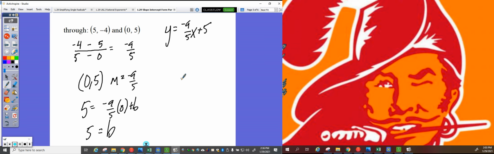I want you to know how to do both. So for the first 6, do slope intercept, and for the last 4, I don't care which one you do. You can find the slope first and then use point slope or slope intercept, I don't care. But for the first 6, use y equals mx plus b.